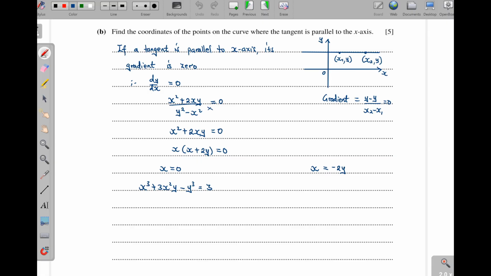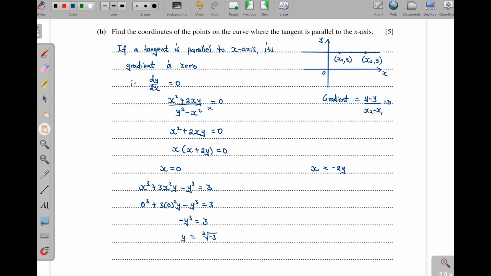Then we substitute wherever there is x, so we shall put a 0. That means here you have 3 squared y minus y cubed is equal to 3. So we get negative y cubed, which is equal to 3. You take the negative and then you get the cube root of negative 3.